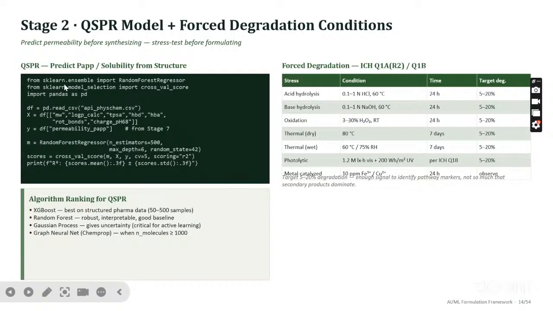This is the code. From sklearn.ensemble import RandomForest; this is the model, the algorithm. From sklearn.model_selection import cross_val_score, and import pandas as pd. Pandas is one of the Python libraries; when you want to do structured data interpretation, we should use pandas.